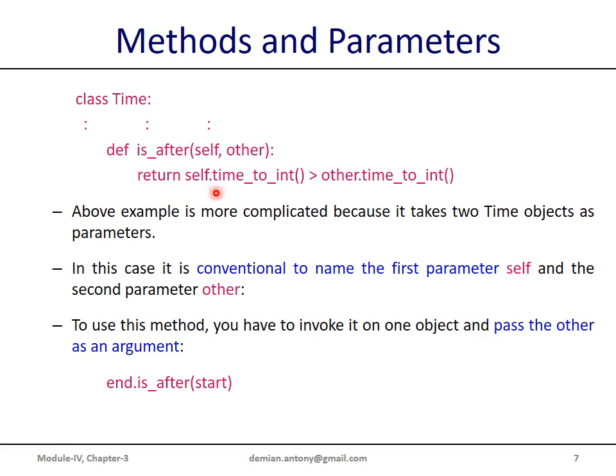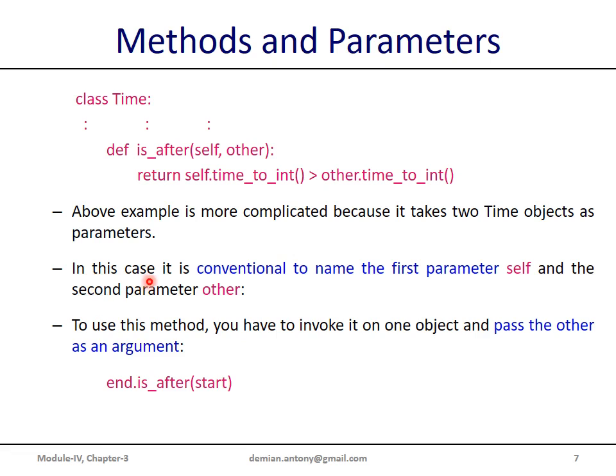We just convert the time into integer and we return true or false through the comparison of these integer values. The above example is more complicated because it takes two time objects as parameters. One is the subject, the object on which this function is being called, and the second one is the explicit object, here named other.